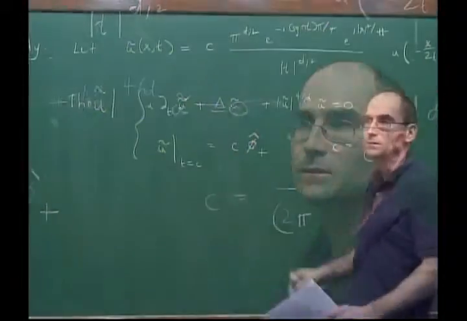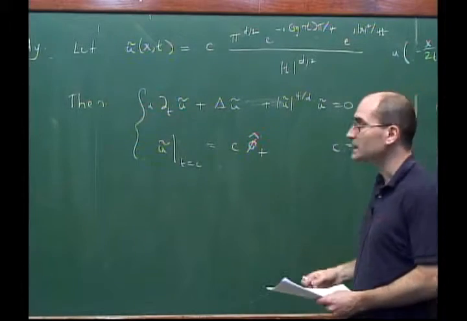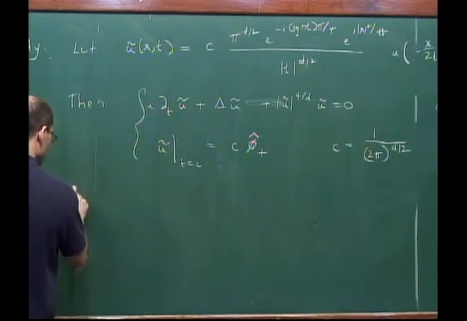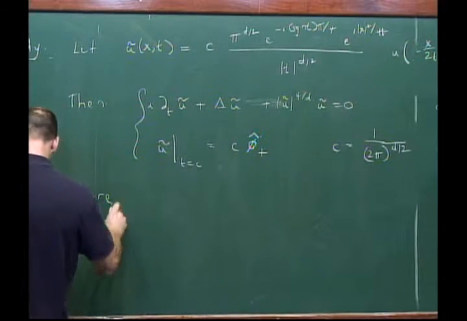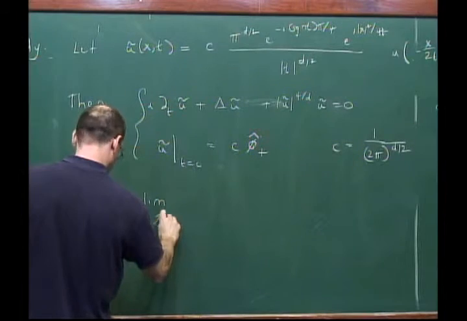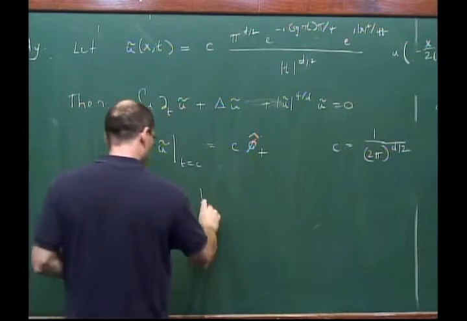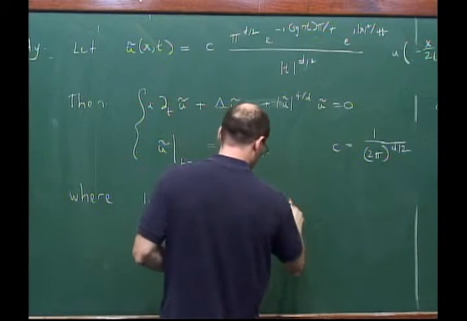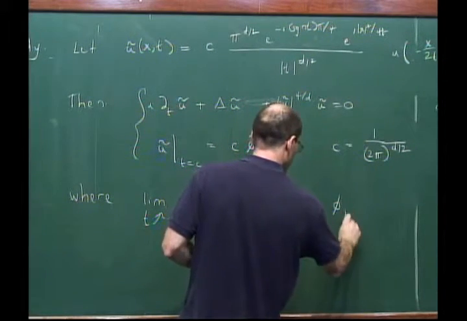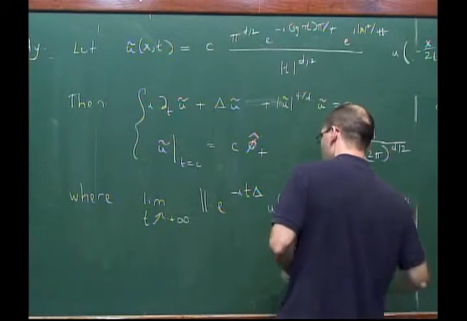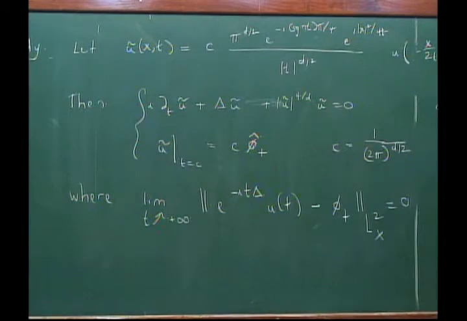And what is phi plus? It is the forward scattering state, where the limit is as follows.